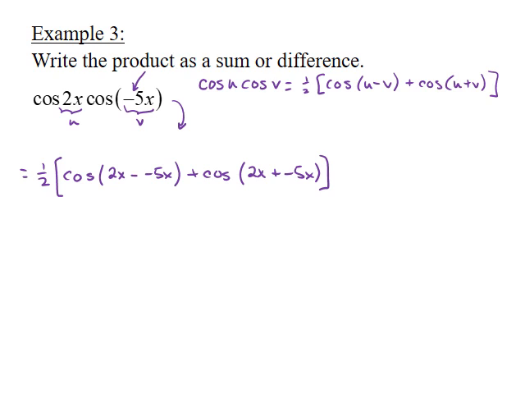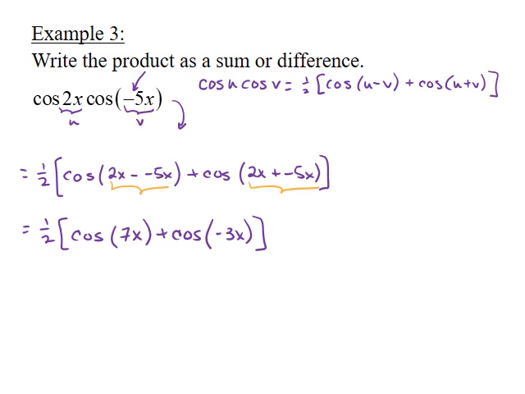Okay, just like the previous problem, we're going to simplify inside the parentheses. So I have 1/2 cosine of, remember a minus a negative becomes plus a positive, so this is 7x, plus cosine of negative 3x.